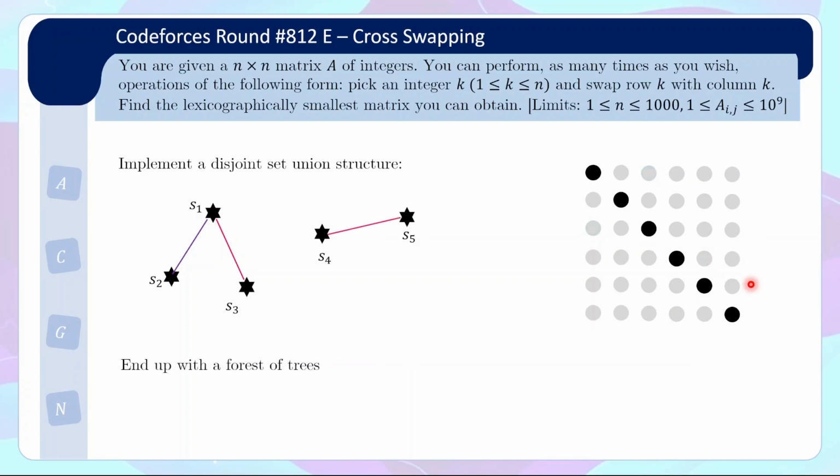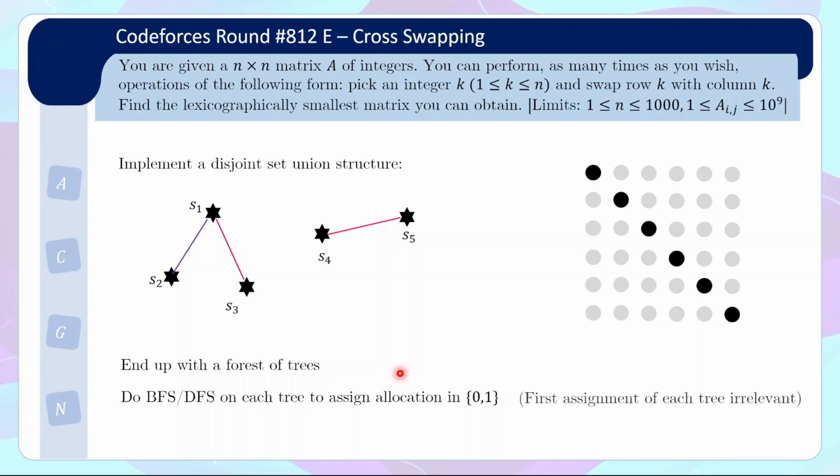If you go through all the order n squared off-diagonal pairs, we'll end up with a forest of trees eventually. And with this forest of trees, we can figure out whether to assign 0 or 1 to each Si. So for each tree, we do a BFS or DFS to assign the values 0 or 1. Specifically, you select a tree, and the first assignment to the tree does not matter, because if you flip everything on the tree, the constraints will still be satisfied.